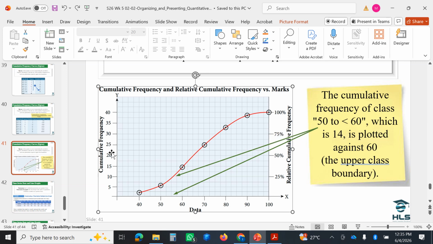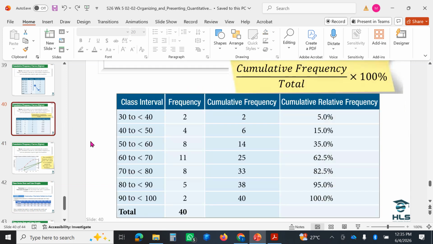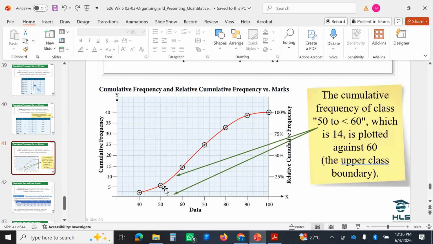Half of 40 is 20, 50, right? And you see what we're doing here? We're just going back. Remember these guys: 5, 15, 35, 62 and a half, 82 and a half, 95, 100. You see how that we're gathering one stone and adding it there to the next? Well, you're just going to take that and you're just going to add those up. Okay? All right?